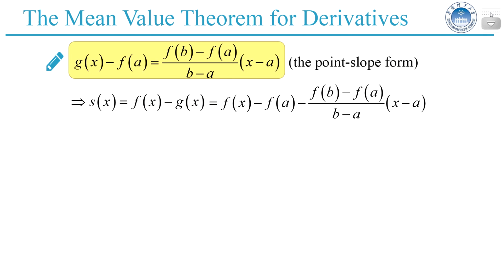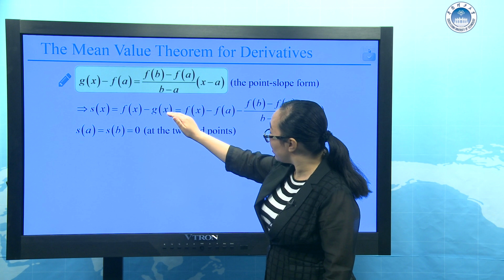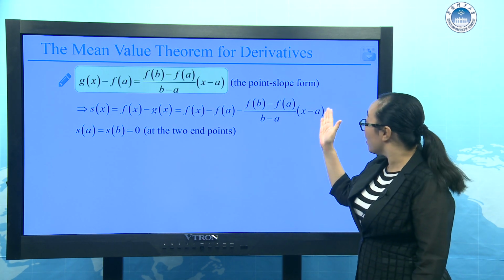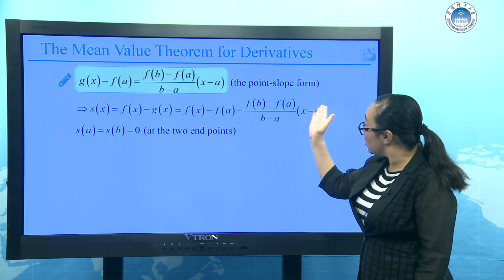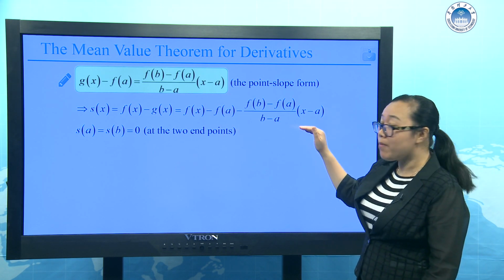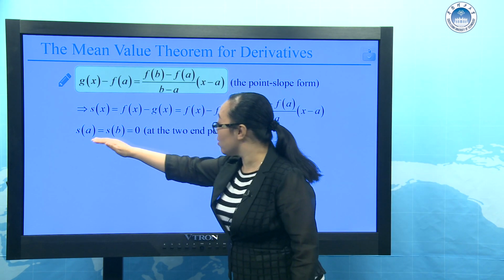So now pay attention to the two values at the two endpoints. One is x equals a. Taking in x equals a, s(a) equals f(a) minus g(a); this term equals 0. f(a) minus f(a) minus 0 is still 0. So s(a) equals 0.